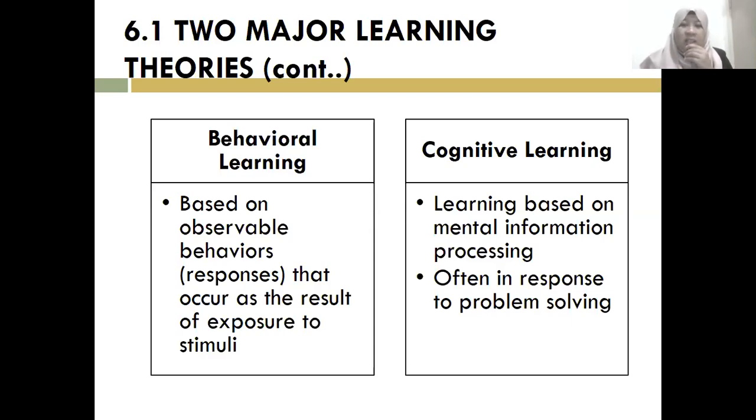Cognitive learning is learning based on mental information processing, often in response to problem solving. Let me give an example from the consumer behavior perspective. With observable behavior, maybe you want to go to one restaurant.